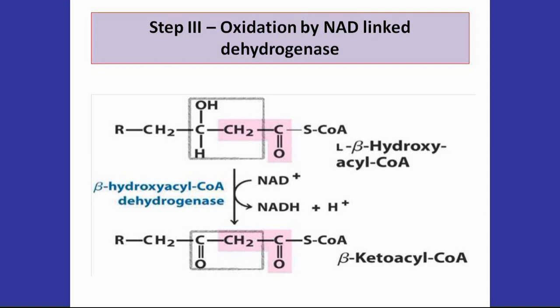The third reaction is the oxidation of beta hydroxyacyl coenzyme A to produce beta ketoacyl coenzyme A, an NAD-dependent reaction. Beta hydroxyacyl coenzyme A dehydrogenase, the enzyme, catalyzes the second oxidation and generates NADH. You can see in the slides. The product formed is the beta ketoacyl coenzyme A.